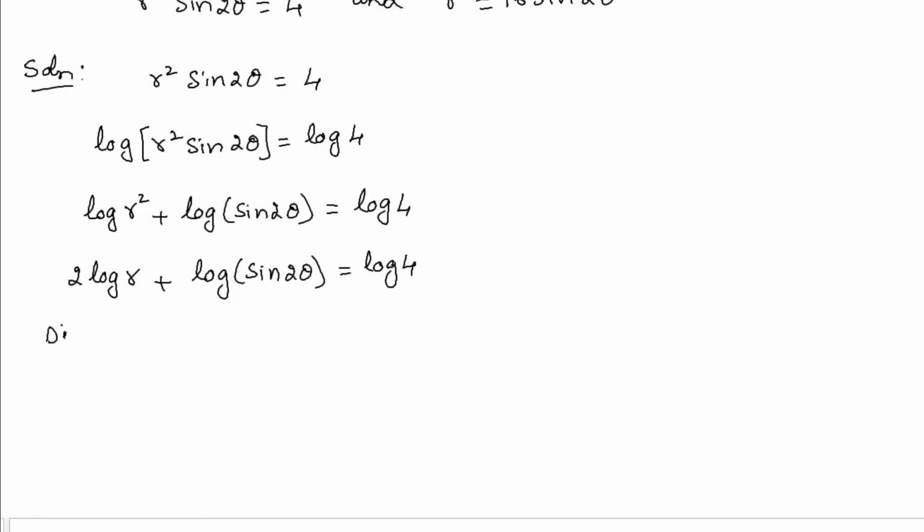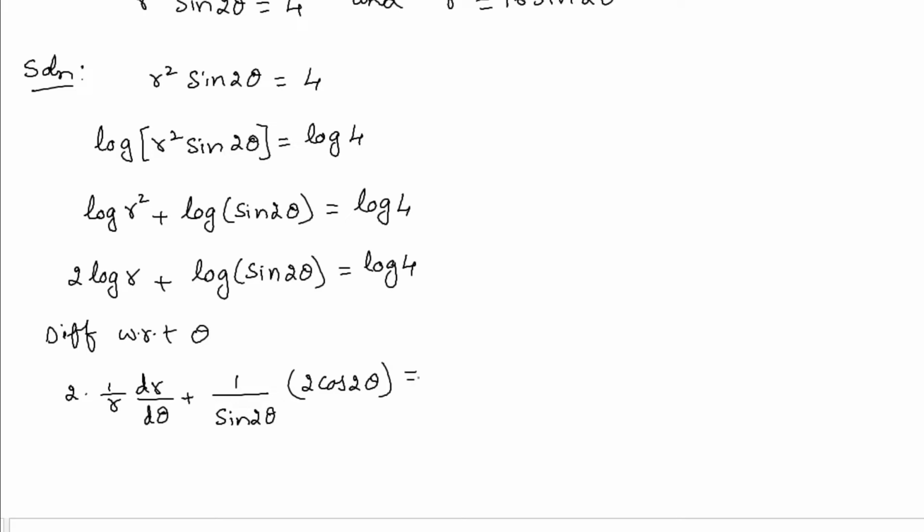We get 2 times the derivative of log r, which is 1 by r dr by d theta, plus for the second term, the derivative of log will be 1 by sine of 2 theta into the derivative of sine 2 theta, which is 2 cos 2 theta, is equal to, on the right hand side, log 4 is a constant, so its derivative will be 0.